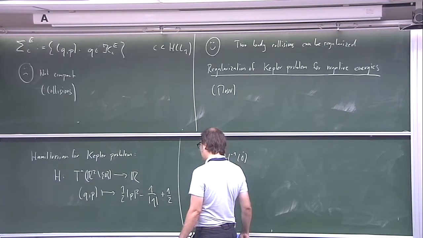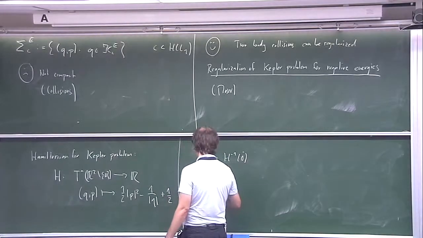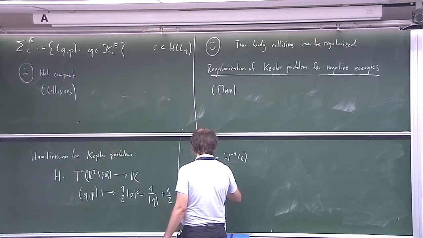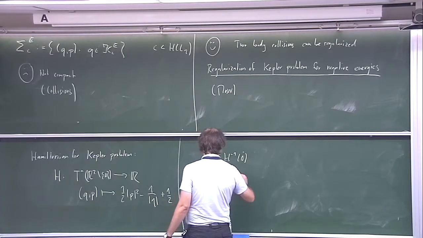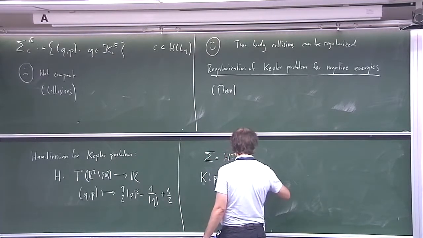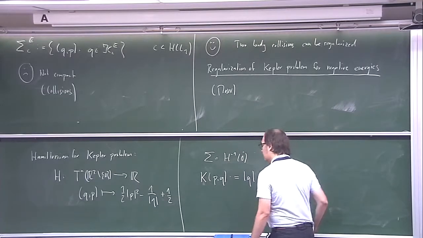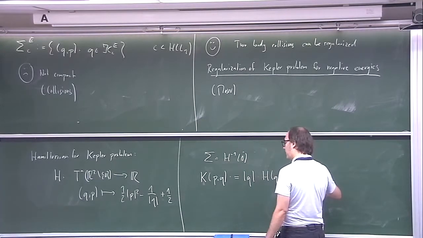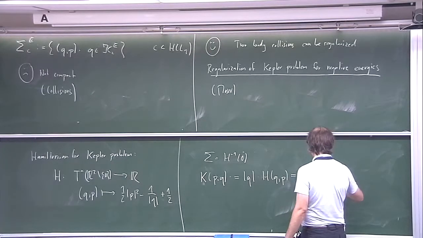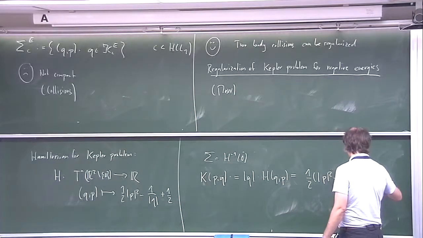Now, let's define a new Hamiltonian. So define K of PQ. This equals Q times H of QP. This equals 1/2 P square plus 1 Q minus 1.